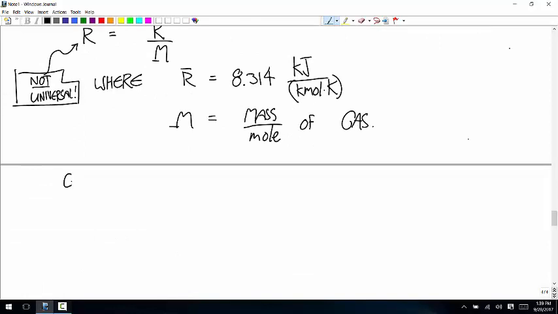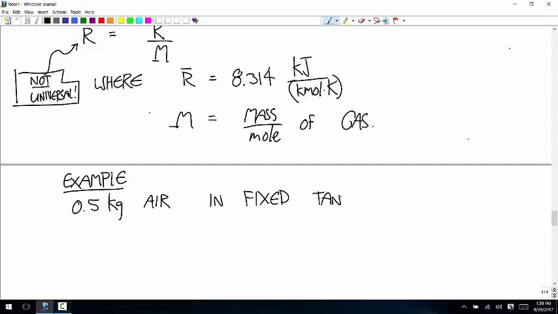So let's do an example. Let's say we have 0.5 kilograms of air in a fixed tank, and energy is added through heat.